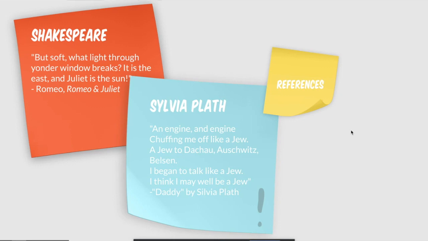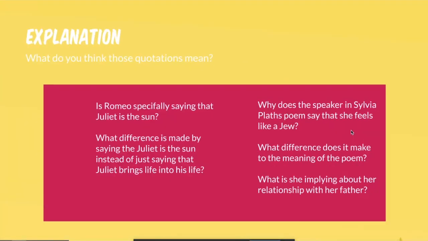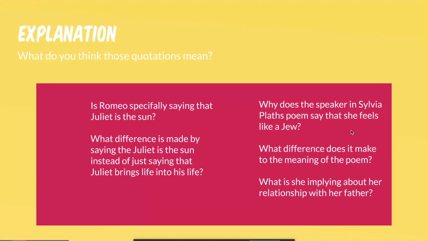Or in the Sylvia Plath poem, Daddy, that we studied, there's one stanza that says, an engine, chuffing me off like a Jew to Dachau, Auschwitz, Belsen. I began to talk like a Jew. I think I may well be a Jew. So here, do we think that she is specifically saying that she is a Jew? What difference does it make to the meaning of the poem?